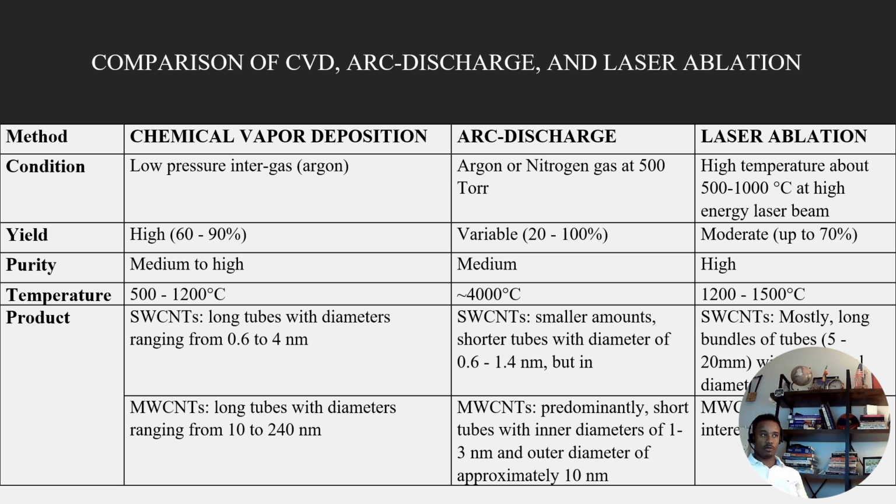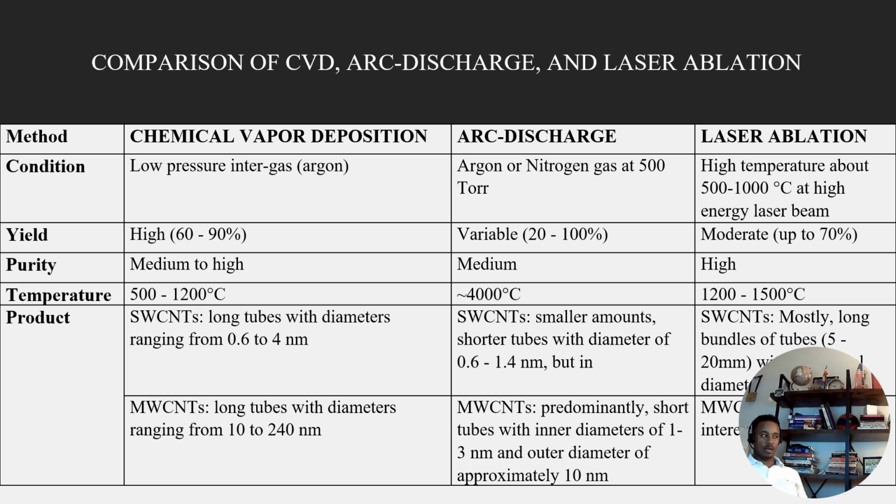CVD uses low pressure inert gas like argon, whereas arc discharge uses argon or nitrogen gas at 500 torr, which is a measure of pressure. Laser ablation requires a temperature between 500 and 1000 degrees centigrade, and it uses, as we have discussed, a laser beam, a high energy laser beam.